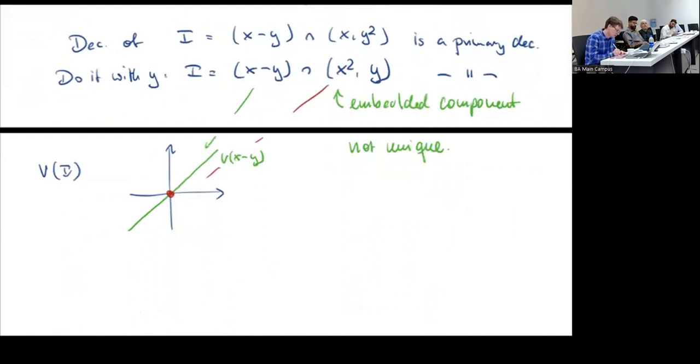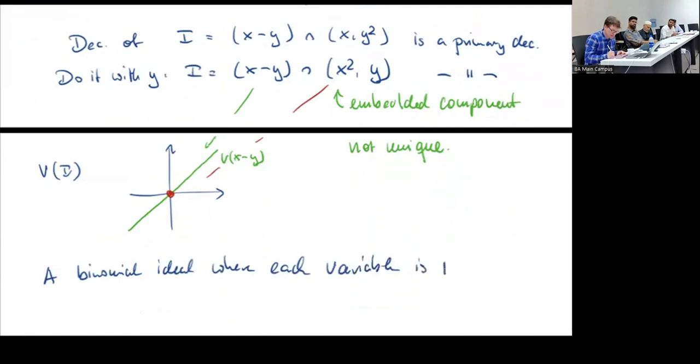Okay, so now let me just tell you: a binomial ideal where each variable is a non-zero divisor or nilpotent modulo the ideal is called cellular.